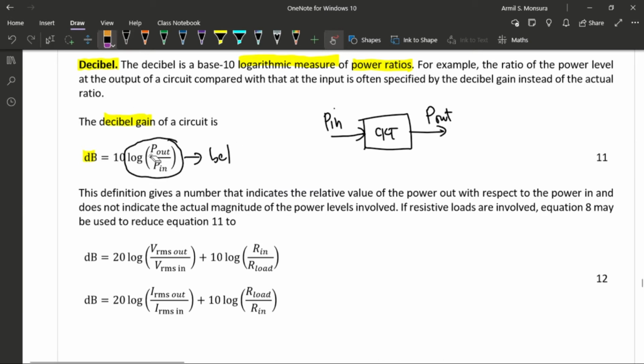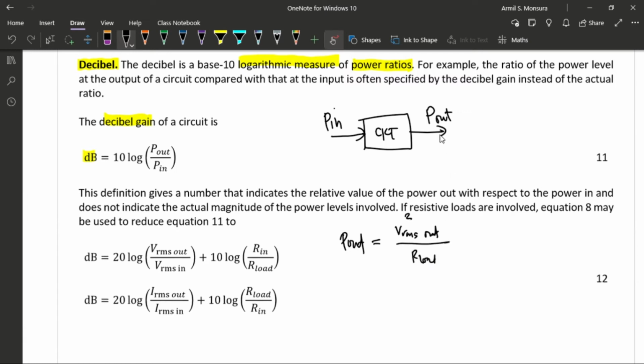Okay? So now, if power here, okay, say power out is the RMS voltage out, okay, squared over R load. Yung load dito sa side na to. Okay? So that's R load.